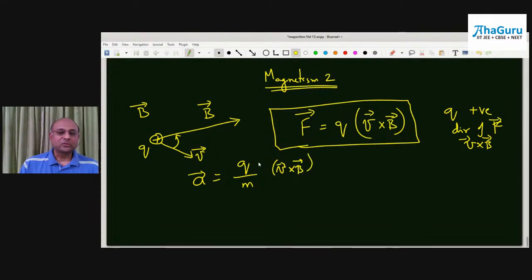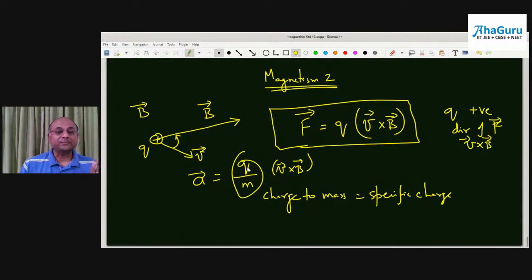Okay. So now this Q by M is basically called the charge to mass ratio, also called specific charge. Okay, this is something that is specific to each particle. Like a proton would have a Q by M, and an electron, because its mass is 1/2000th of it, its Q by M will be 2000 times that of proton.